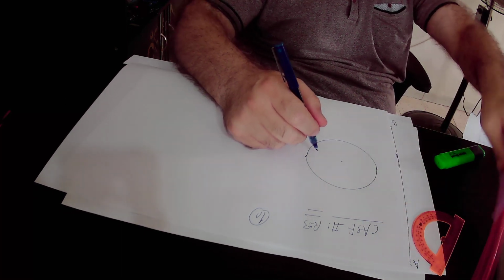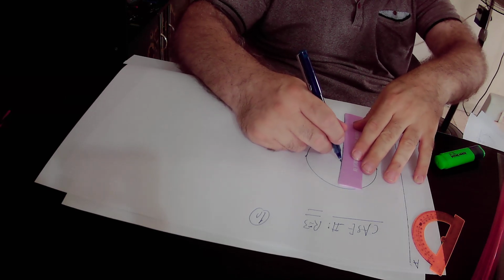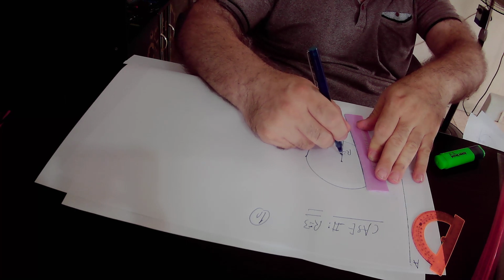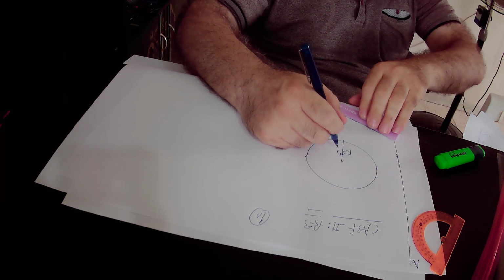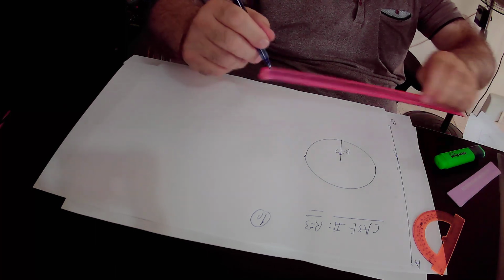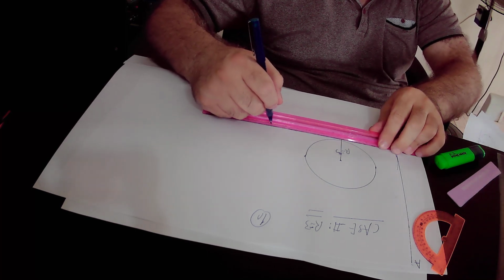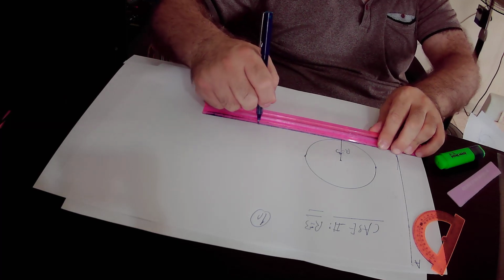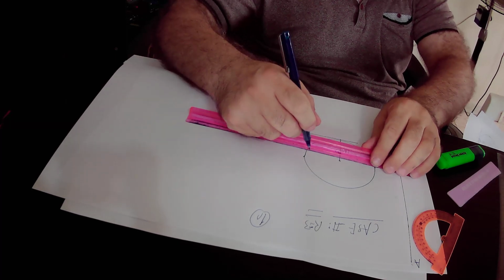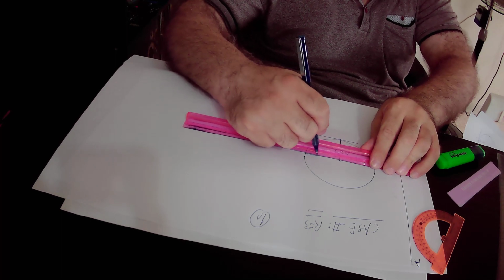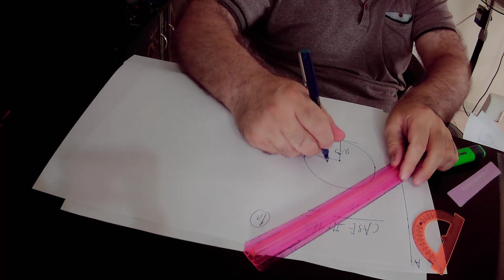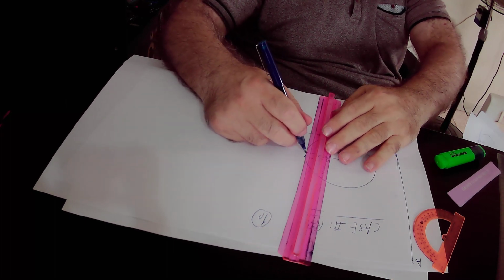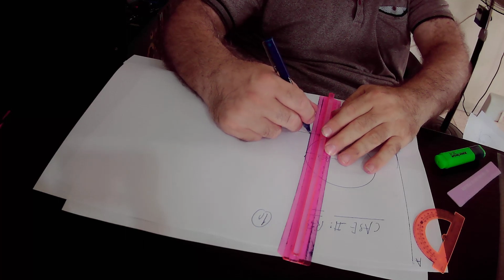So the radius of this circle is equal to 3 units, so R equals 3. And one side of the square is also equal to 3 units.